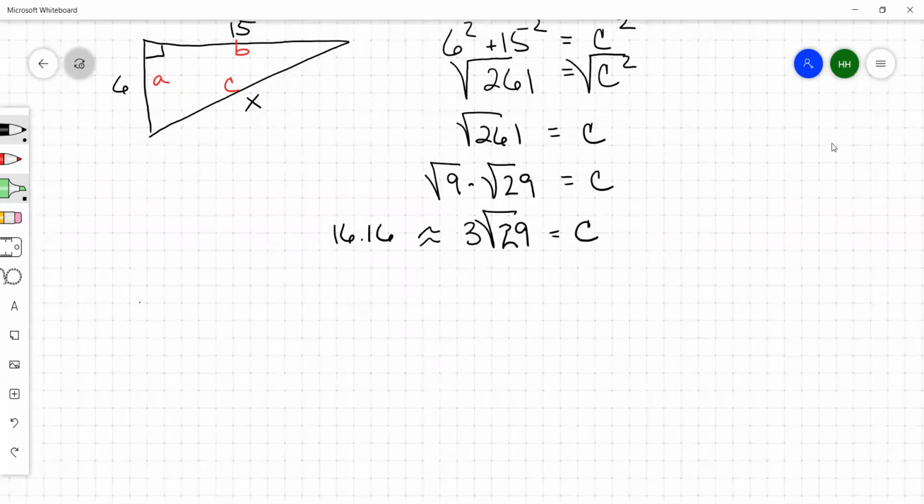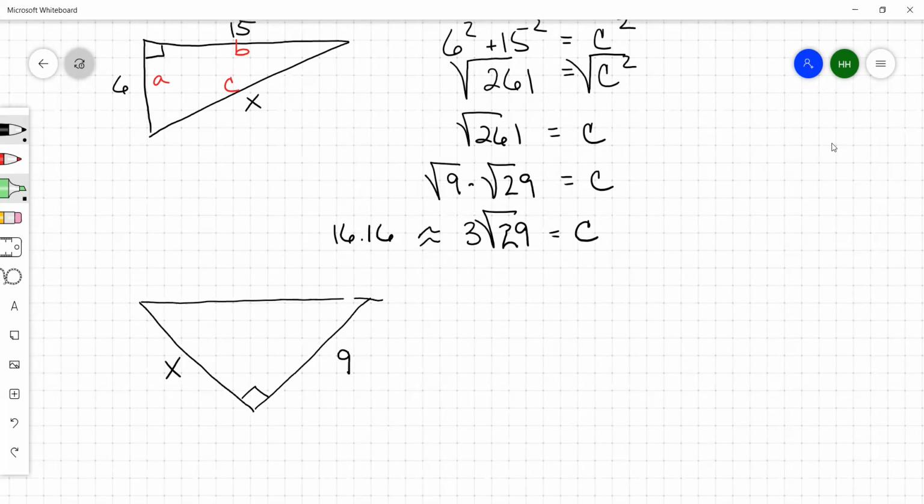All right, so then you'll see some problems where you've got to find one of the legs. So here you've got an x as a leg, and now you've got a 9 as the other leg, and a hypotenuse of 11. Label the sides.